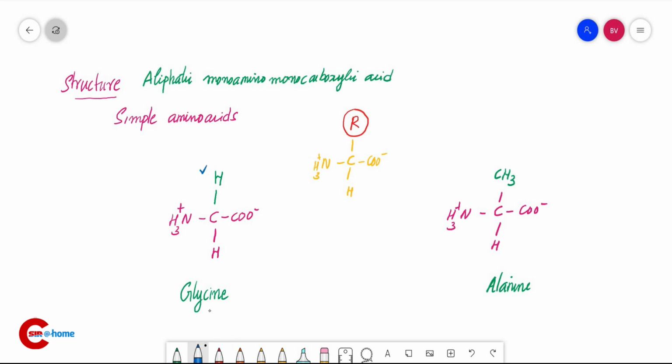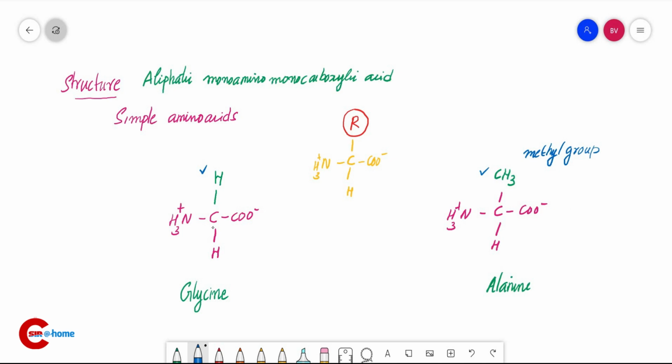Glycine contains only hydrogen here, so that is a simple amino acid. In the case of alanine, which group? Methyl group. Glycine contains hydrogen and alanine contains a methyl group. So study this one. Those are the examples of simple amino acids.